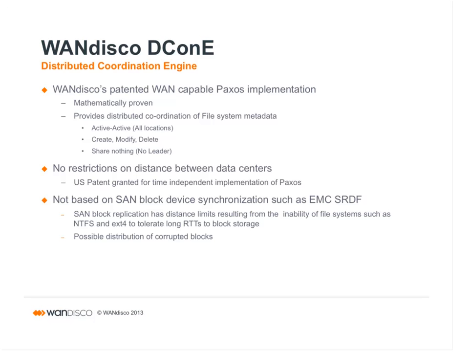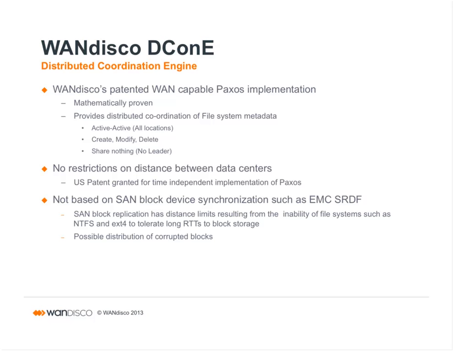This is an important distinction because we have solved the problem that most other solutions so far impose restrictions on. For example, with block replication solutions, an example of that would be EMC SRDF, you would find that they impose a 50-mile or so, essentially a metropolitan area network limit on their solution.